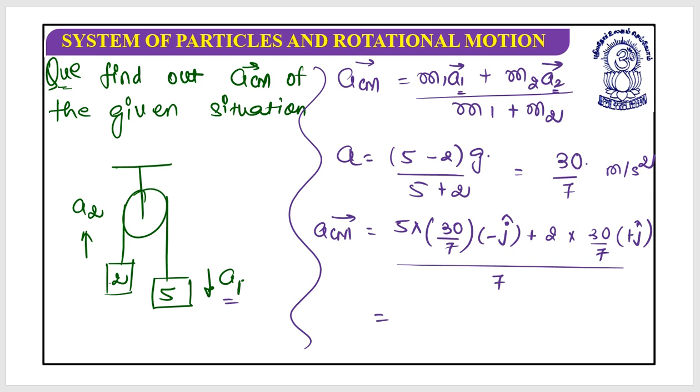So this equals minus 150 by 7 j cap plus 60 by 7 j cap, divided by 7. This is minus 150, this is 60. So this would be minus 90 by 49 j. This is the ACM required.